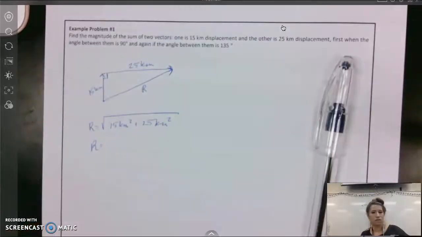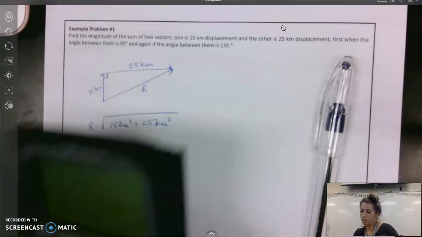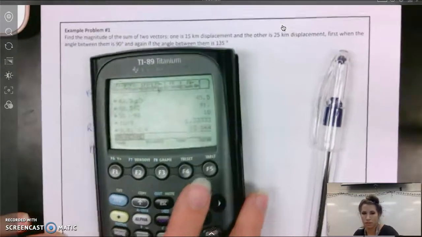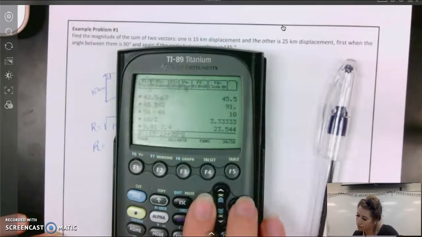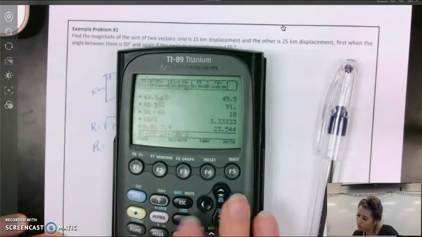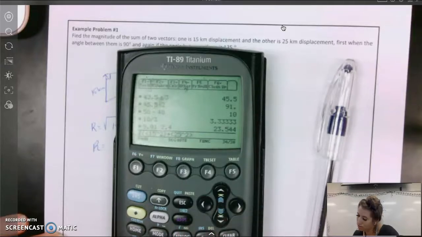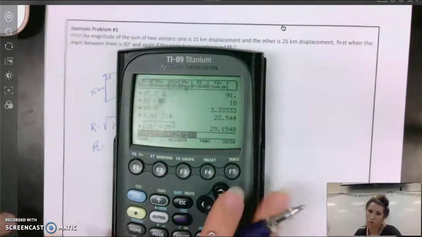Okay. Now, when I plug that in my calculator, I'm going to take the square root of 15 squared plus 25 squared, which is 29.15.